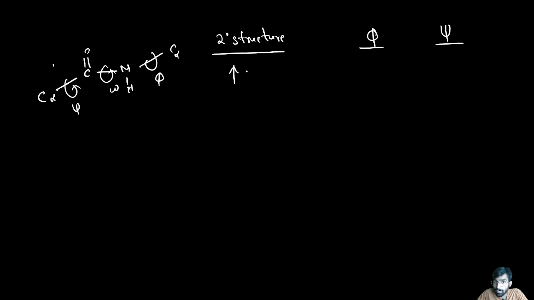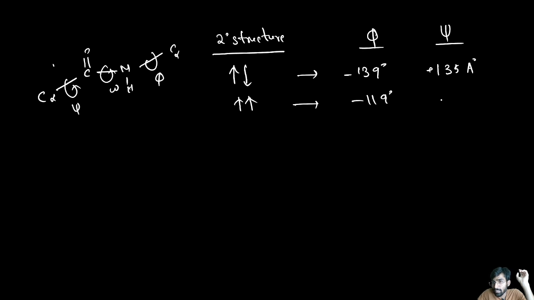Anti-parallel beta pleated sheets: the phi value is around minus 139 degrees and the psi value is plus 135 degrees. Parallel beta pleated sheets: minus 119 degrees and plus 113 degrees. Sorry, these are dihedral angles.